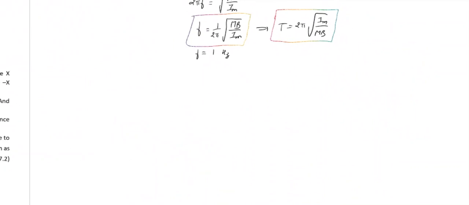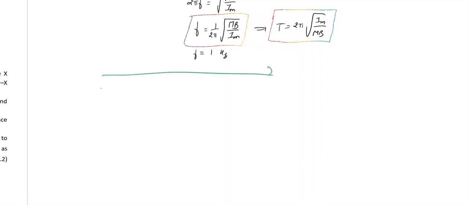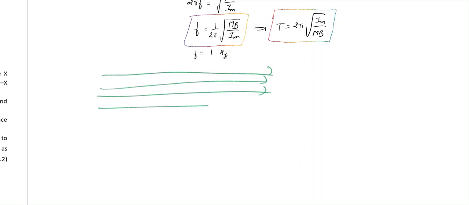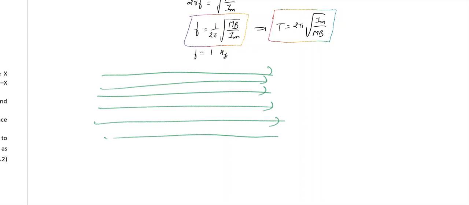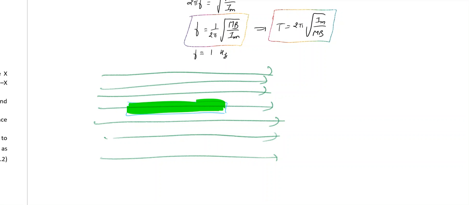So if this is my magnetic field and this is how the dipole is initially placed, this is the most comfortable situation for the dipole, with north pole here and south pole here. Suppose from this situation you take the dipole to this orientation, what will the dipole do? The dipole will try to come back to this situation, but it will not be able to stop there.